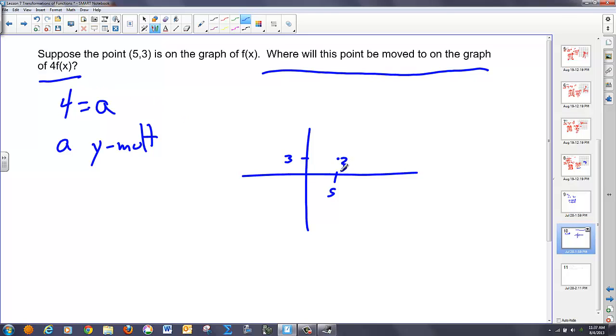So instead of going up 3, I'm going to go up a factor of 4 times that. 4 times 3 is just 12. So really, I'm going to be moving up 4 times that value of 3 to 12. So my new point will be at 5 and 12.